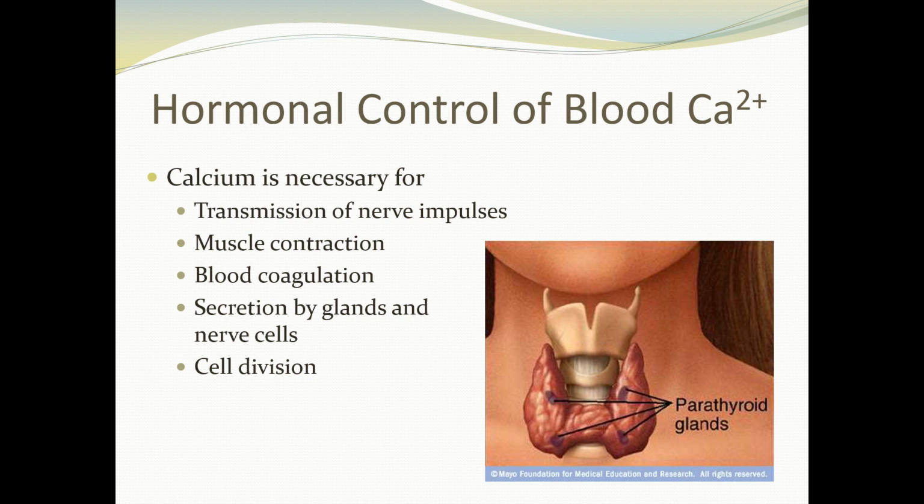Let's look at calcium and what it is necessary for. Why do we need a calcium homeostasis of our blood? Well, it's because calcium is necessary for the transmission of nerve impulses, muscle contraction, blood coagulation, the secretion by glands and nerve cells, and cellular division. The parathyroid glands are glands that are located just posterior to the thyroid gland.